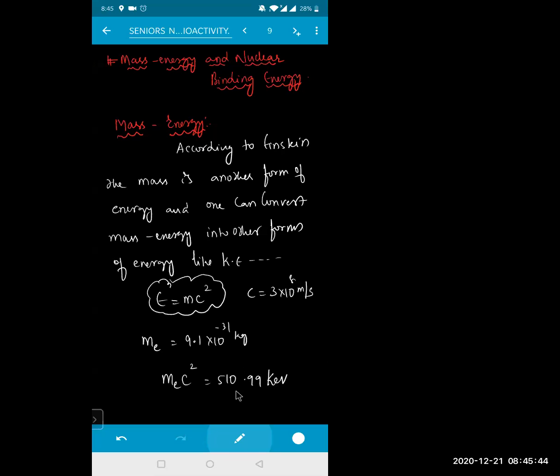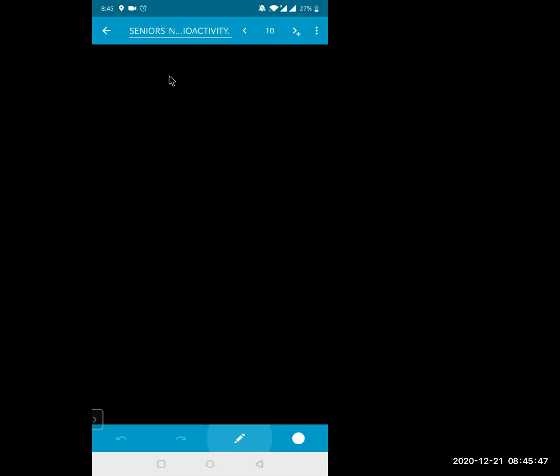So the mass of an electron is equal to 510.99 keV divided by c squared. So 1 atomic mass unit is equal to 1.66 into 10 to the power of minus 27 kg, that is equal to 931 MeV divided by c squared.